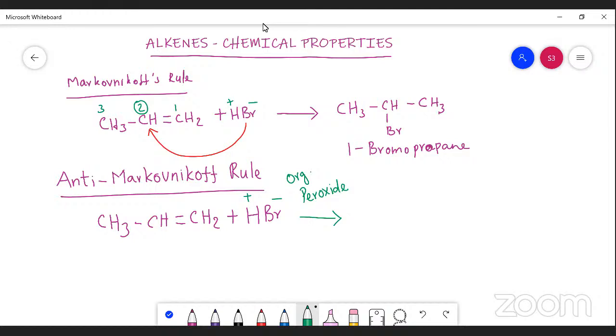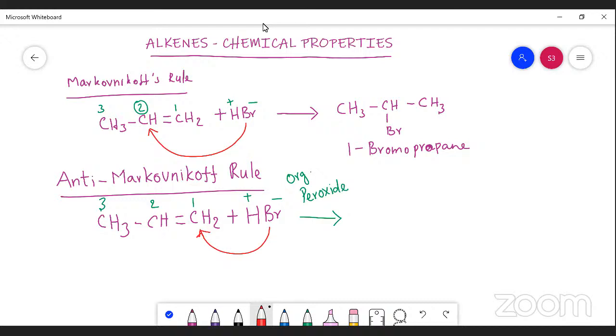Here it is the reverse. The Br is going to attack the CH2, not the CH. Here we are taking the first carbon, the second one, and the third one. Now, give the difference between these two.